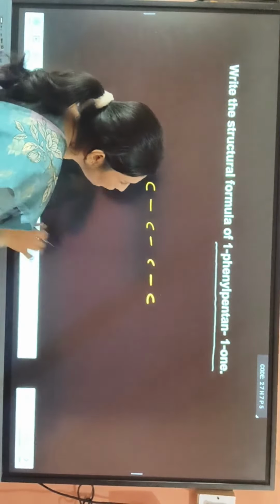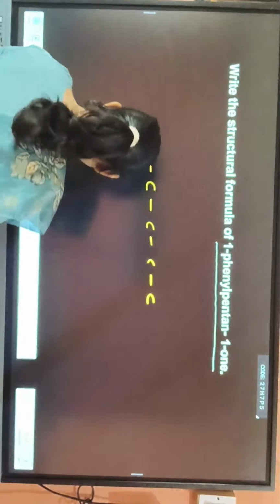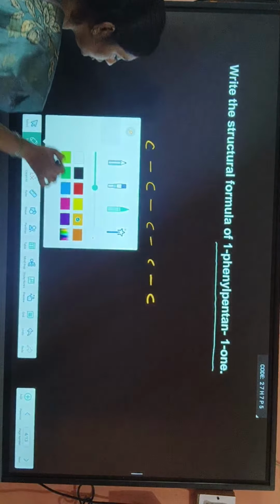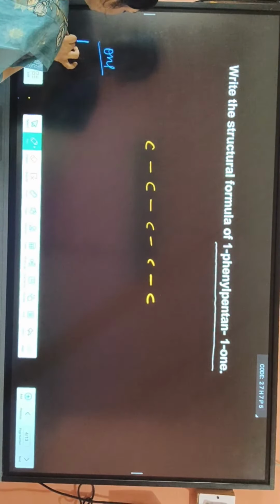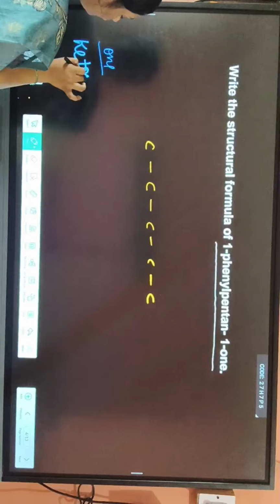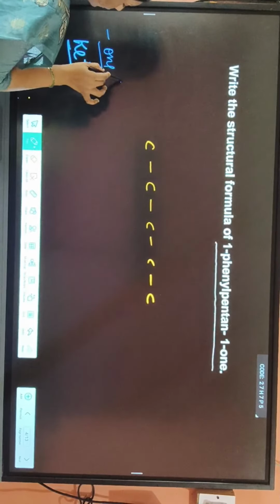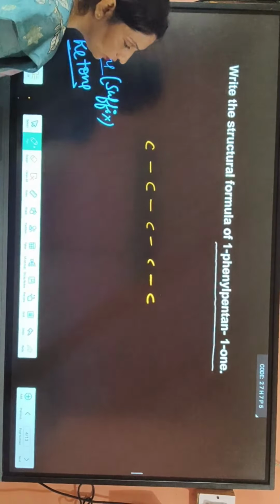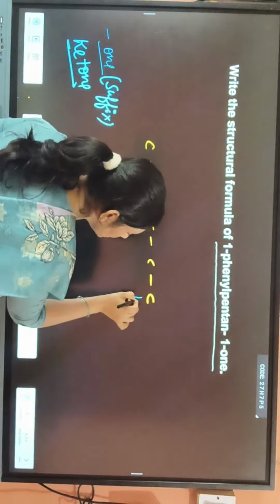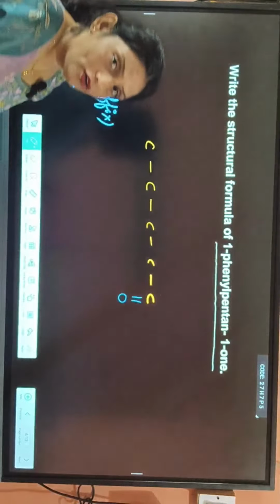One-one: at one position, one. Which functional group? One is the suffix for the ketonic group. So at the 1 position, ketone is there. You have written that.